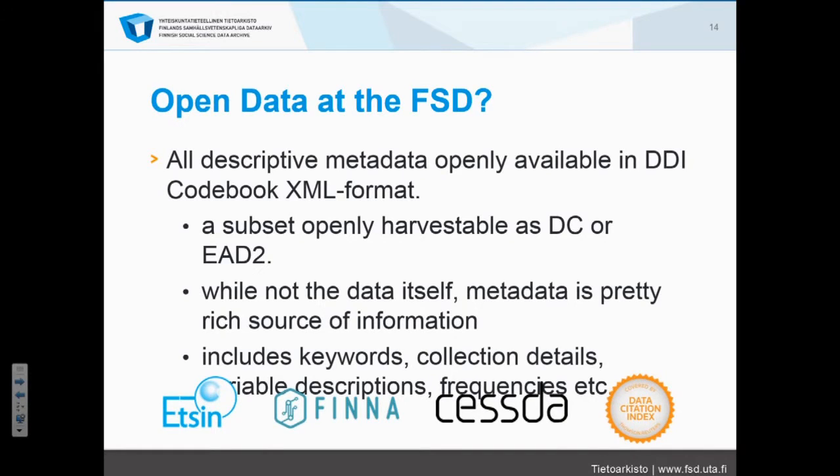So finishing with this slide, open data at the FSD. You probably gathered already that you don't get open data like many open data enthusiasts would think about, just download machine-readable data. But all our metadata is in machine-readable format in DDI and DC EAD as a subject, so that you can actually harvest those.